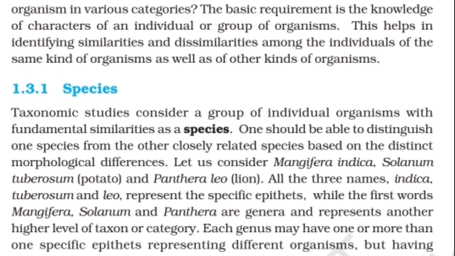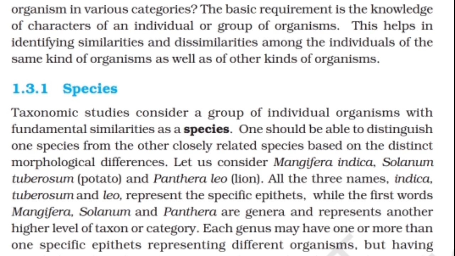1.3.1 Species. Taxonomic studies consider a group of individual organisms with fundamental similarities as a species. One should be able to distinguish one species from the other closely related species based on the distinct morphological differences.